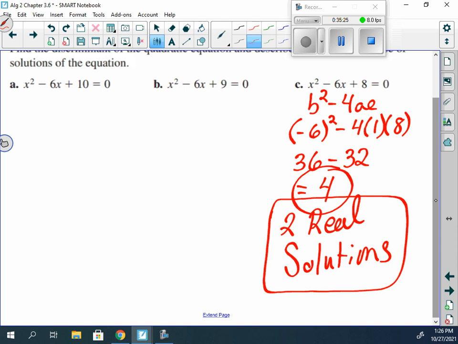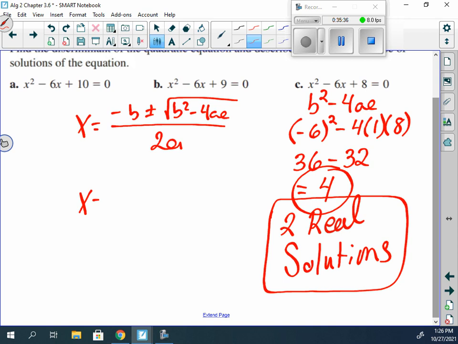Well, we can still use the quadratic formula. x is equal to negative b plus or minus the square root of b squared minus 4ac all over 2a. Now for us here, the value of b is negative 6. So negative b would be 6 plus or minus the square root of b squared minus 4ac, yes?